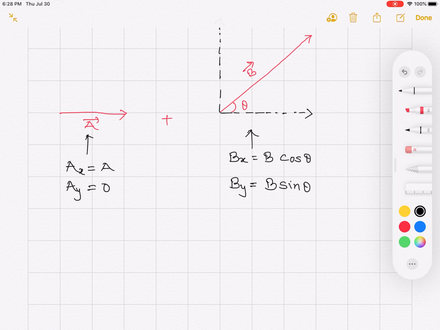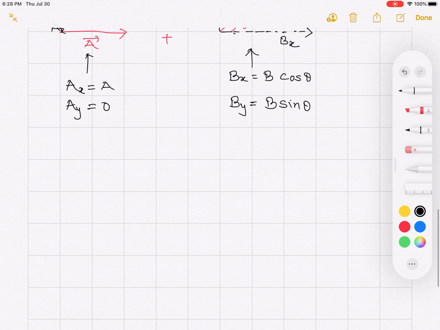How to resolve this one? So always remember one thing: the adjacent side which makes an angle, that will become cos, and the other side is sine. So this is the y component and this one is the x component. Similarly, this one only has an x component.